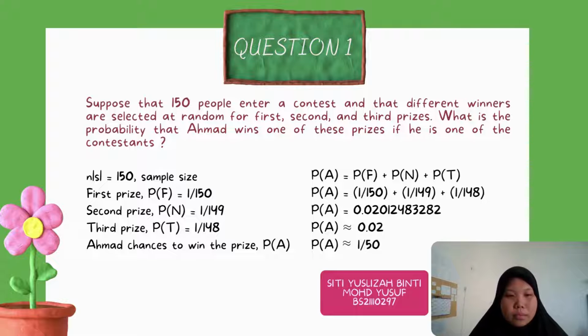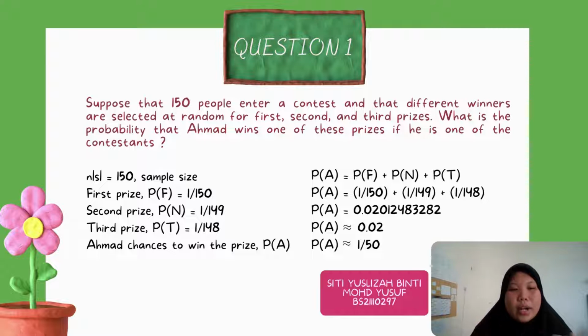So my solution is, first I find the sample size, which is 150. For the first prize I let it be PF, and the probability is 1 over 150, because only one person can win among the 150 people. For the second prize I let it be PN, and the probability is 1 over 149. Why is the denominator 149?